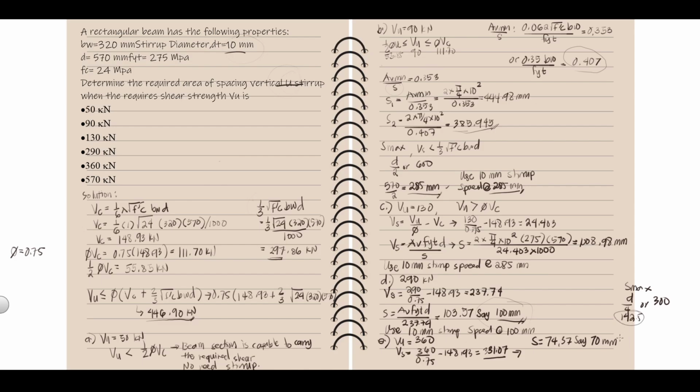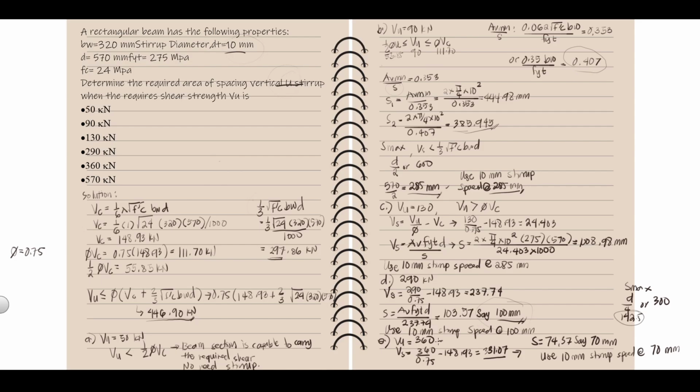Ito yung ating S-max, no? So, compare natin sa ating S of 70. So, we're going to use 10 mm stirrup space at 70 mm. Alright?